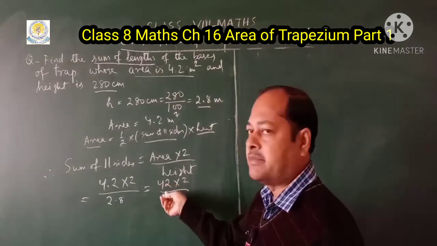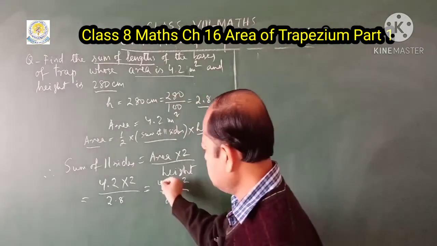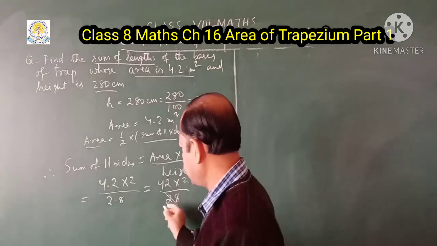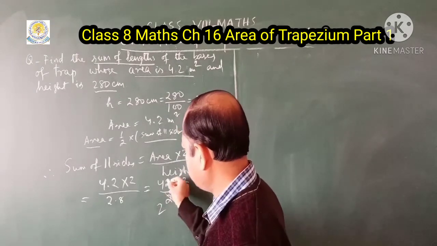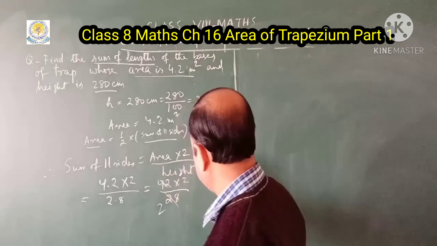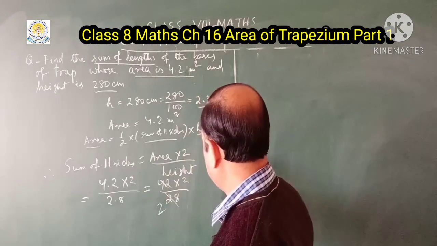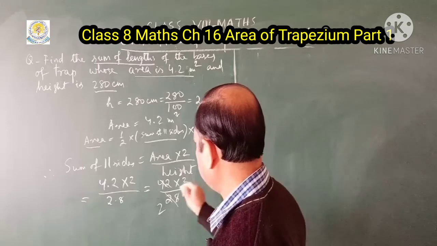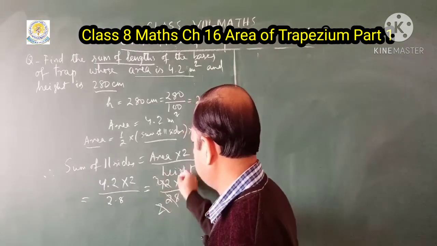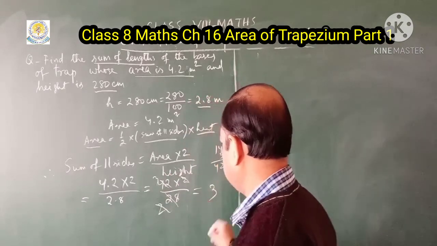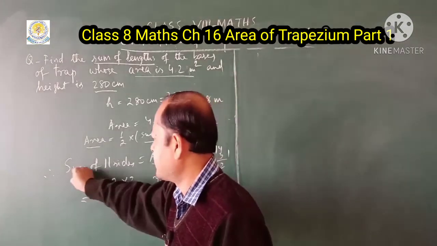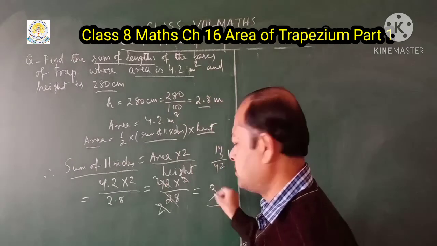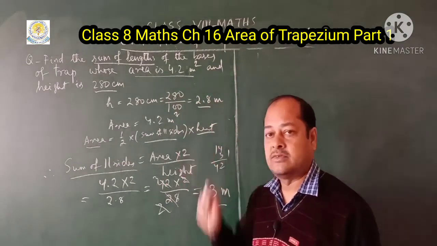So this 42 can be divisible by 28. Let's see, 14 2s are 28 and 14 3s are 42, so 2 can be cancelled, so the answer is 3. So 3 what? 3 meter. So we have got the sum of the parallel sides equal to 3 meter using this formula. Okay.